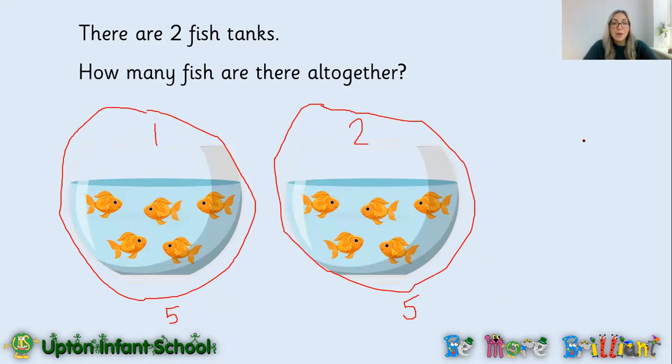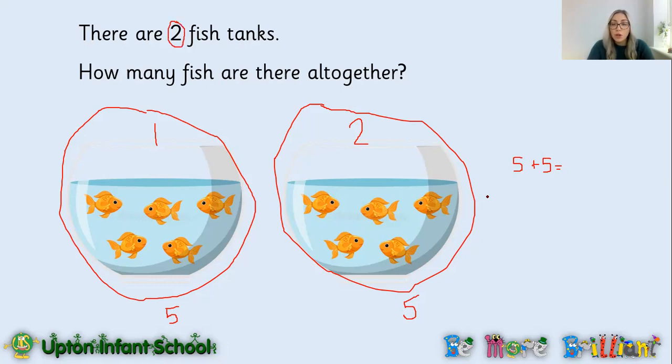So here we have got 2 fish tanks, and we need to work out how many fish there are altogether. Now we could do 5 add 5, we could do that, but to make it easier, we can multiply, to make shorter number sentences. So we have got how many fish tanks?